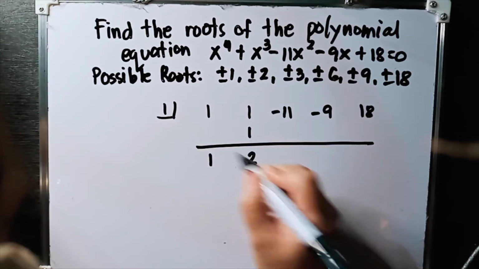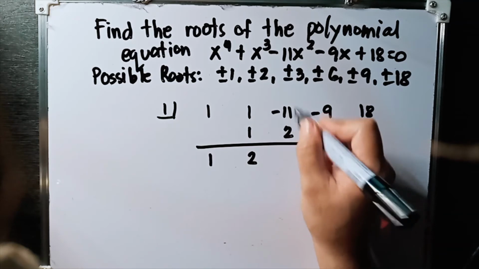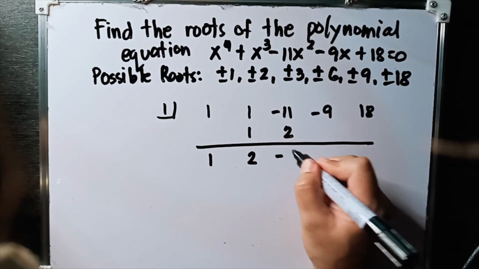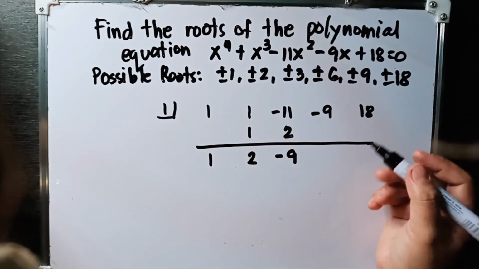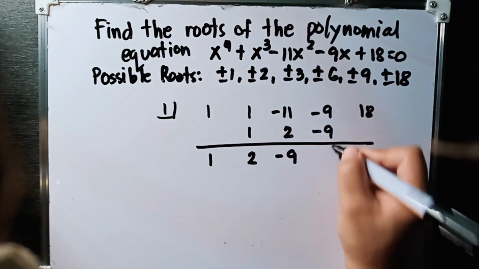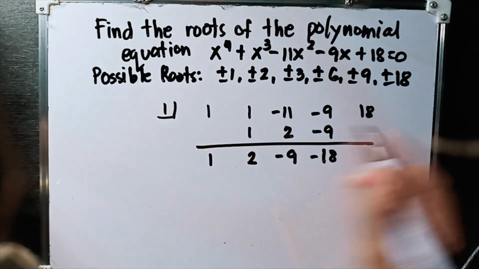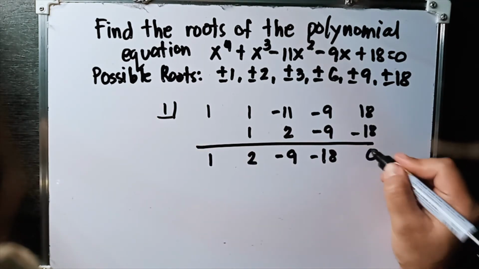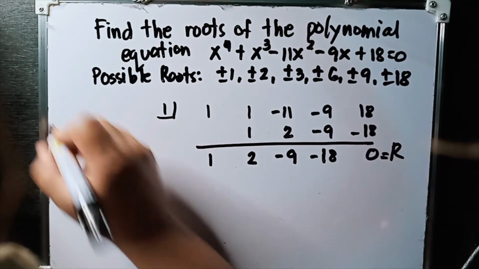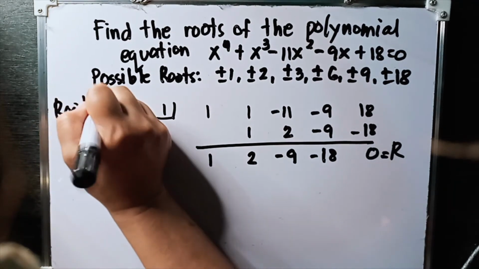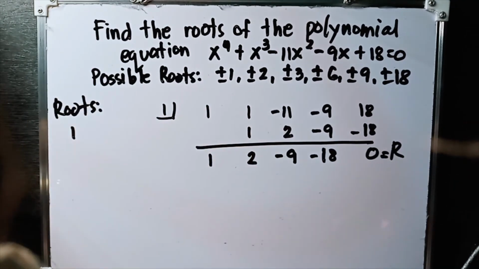We add, we have 2. 2 times 1 is 2. We add negative 9. Negative 9 times 1 is negative 9. We add, we have negative 18. Negative 18 times 1 is negative 18. So it means that one of the roots is positive 1.